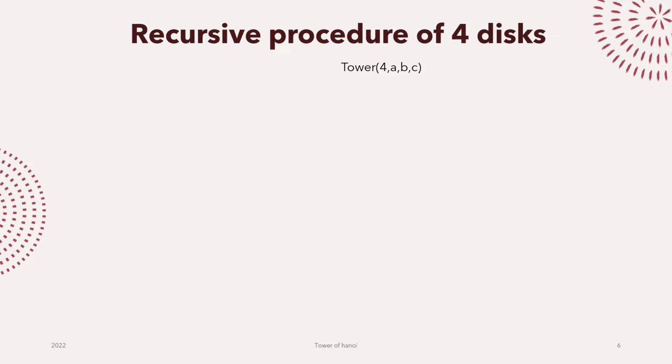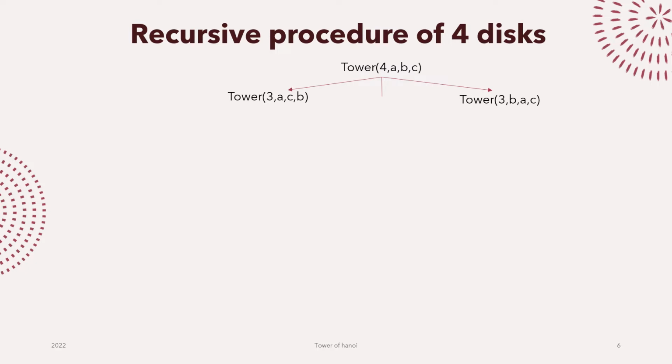When we call the Tower of Hanoi function with 4 disks and rods A, B, C, it splits into two parts. As we have already seen in our code hint, there are two functions: the first is called with n minus 1, A, C, B, and the second with n minus 1, B, A, C.